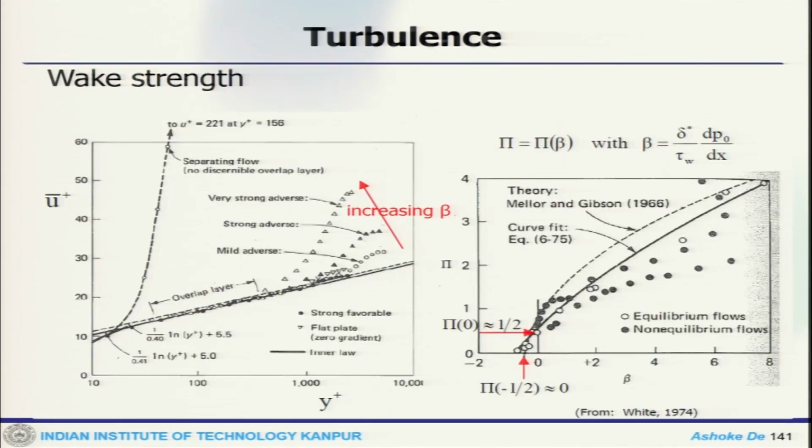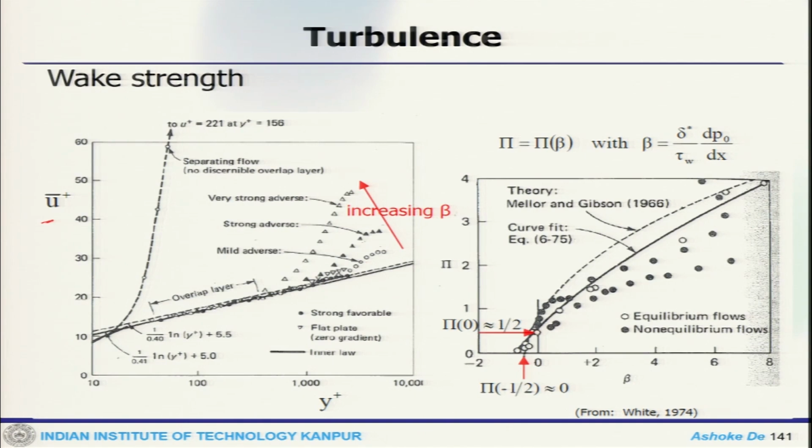So, again one can put these things and look at the wake strength. This is your u plus versus y plus, and this is increasing beta, say mild adverse, strong adverse, very adverse, and this is the separating flow. So, you can actually define this, and this is how pi versus beta varies.